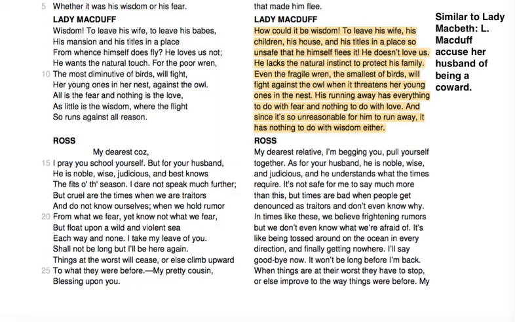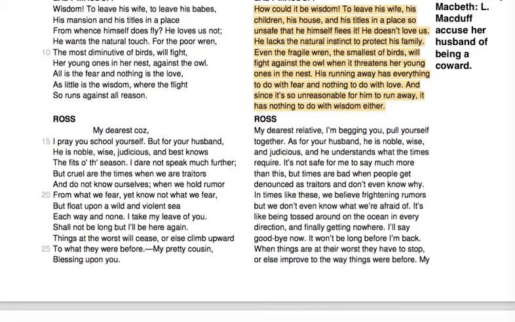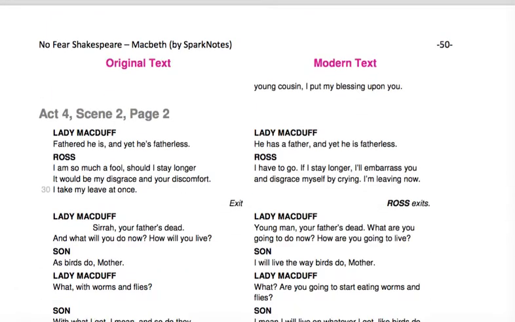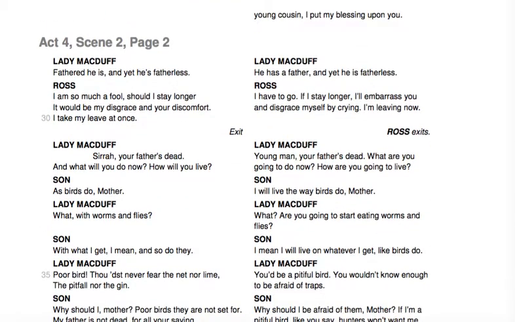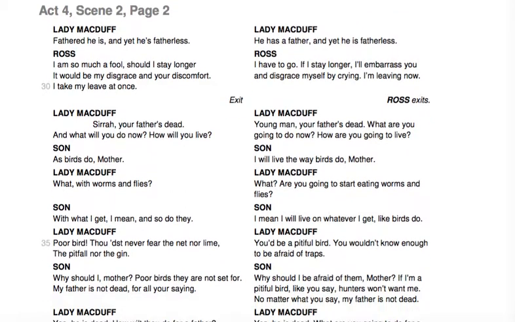Things at the worst will cease, or else climb upward to what they were before. My pretty cousin, blessing upon you. Fathered he is, and yet he's fatherless. I am so much a fool. Should I stay longer, it would be my disgrace and your discomfort. I take my leave at once. Sirrah, your father's dead. And what will you do now? How will you live?